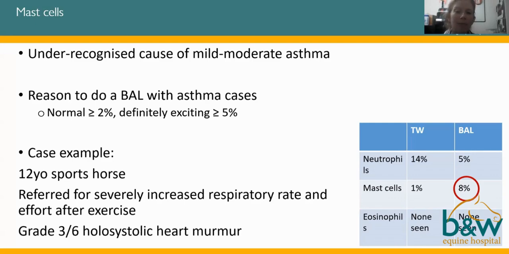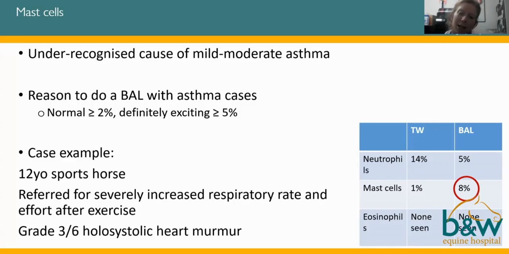Then again, we talk about this interpretation, whether, technically, more than 2% is abnormal. I think we definitely get excited when there's more than 5%. What you do with those horses in the middle is a bit more of a tricky issue. But I thought I'd just put an example in. This horse came in last week. He's a 12-year-old sports horse.